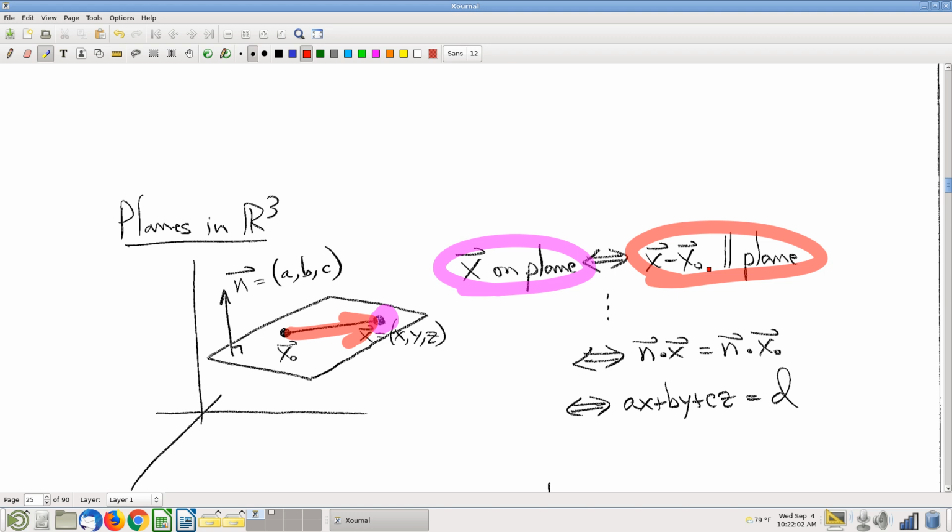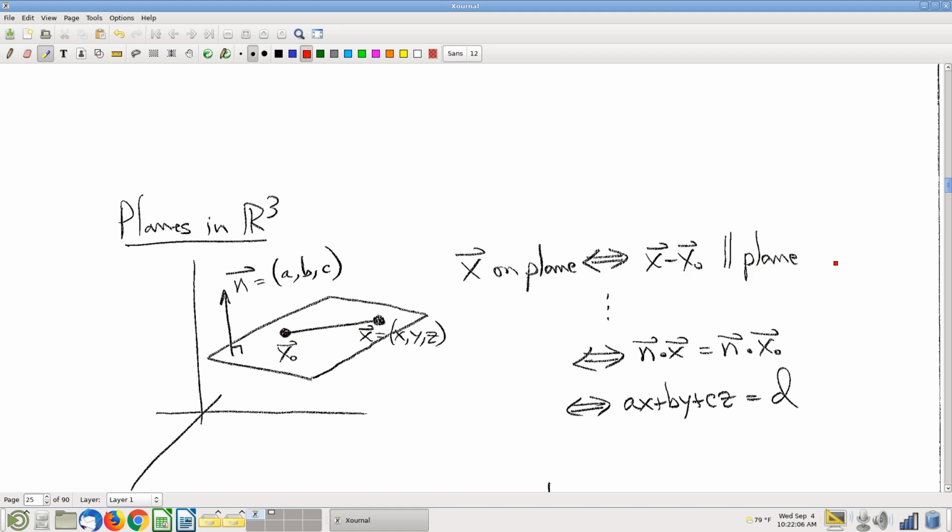And everything follows through just like previously. Parallel to the plane means perpendicular to the normal vector. Perpendicular means dot product is 0, dot product is algebra, fiddle around with some algebra, and out comes the equation of the plane. And notice it looks exactly like the equation of a line in R2.